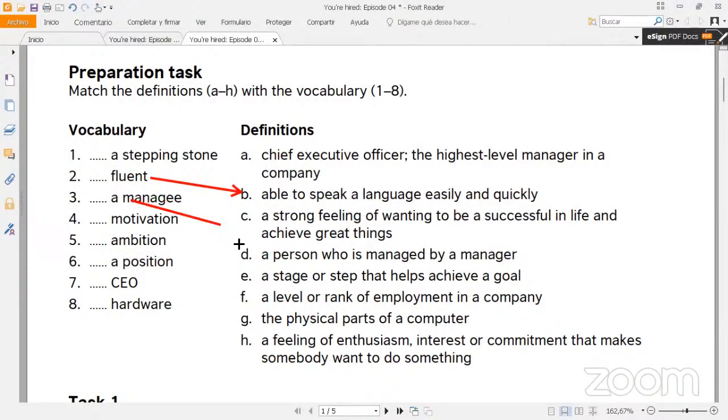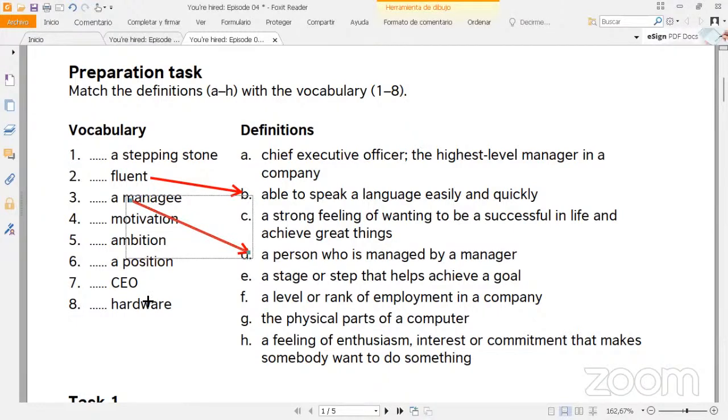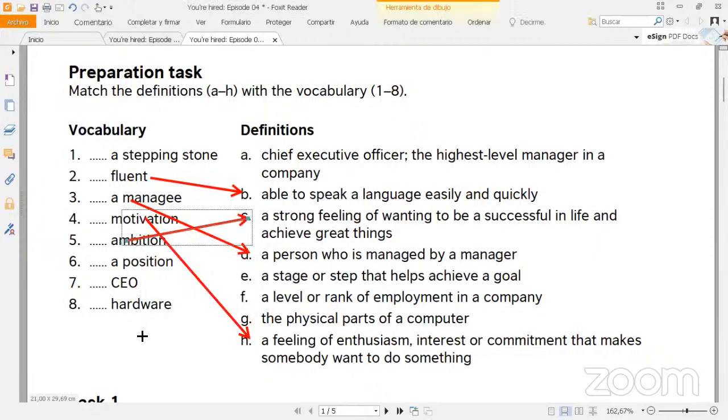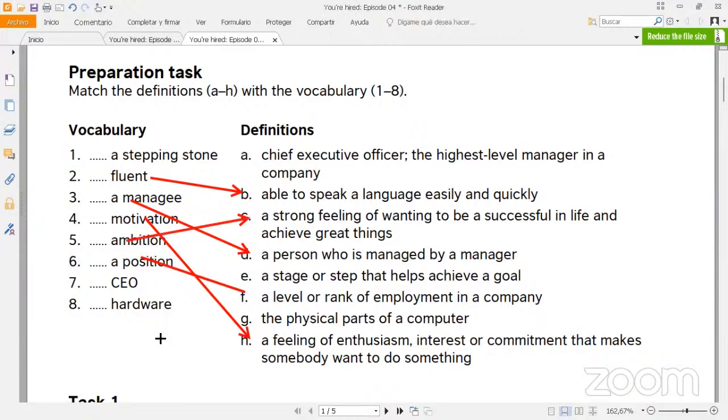Okay. Motivation. Letter 8. Ambition. Letter C. Opposition. F. Okay. CEO.